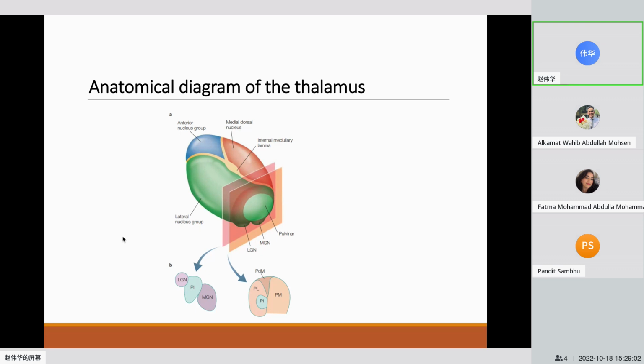These cross sections through the pulvinar at an anterior level show the LGN and MGN, and at more posterior levels, the lateral, dorsomedial, and medial and inferior subdivisions of the pulvinar.